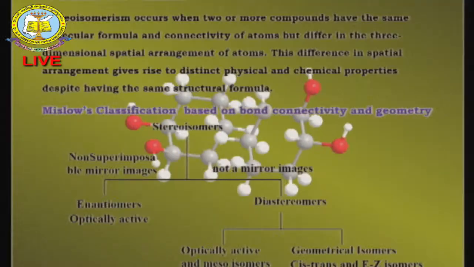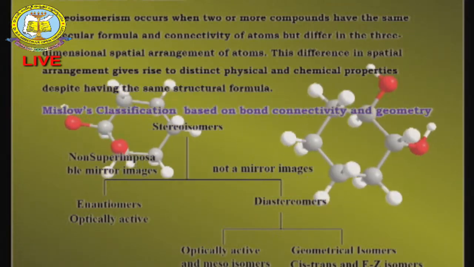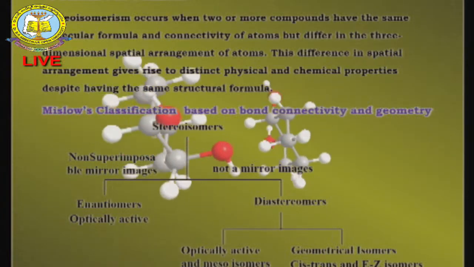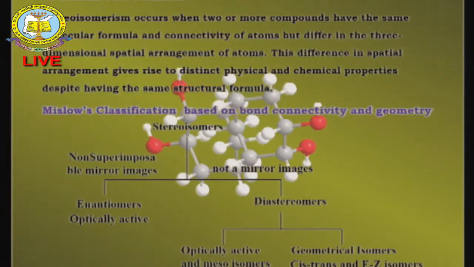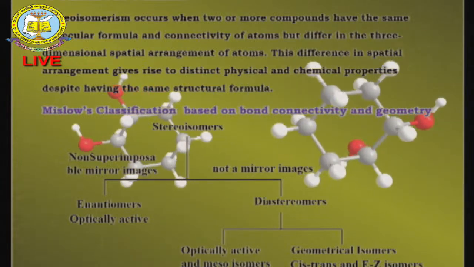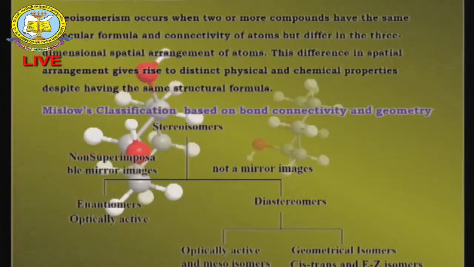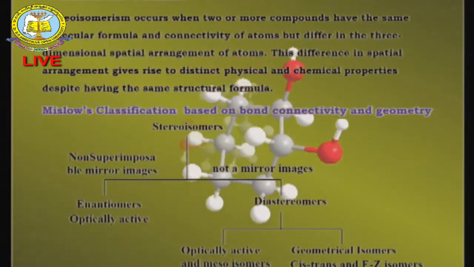These stereoisomers can be classified in three ways. No single classification will fulfill the full classification. These three classifications mutually complete the total classification of stereoisomers. They are complementary to each other.